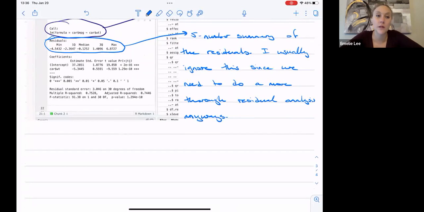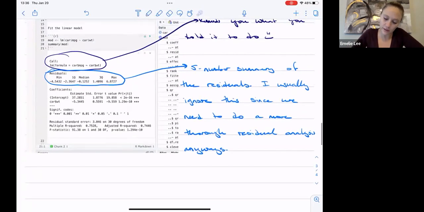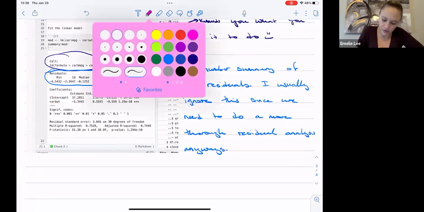Right? It could be part of it, but it doesn't have to be. Okay. So from here, what I want you to focus on for today is we just need to grab the coefficients.